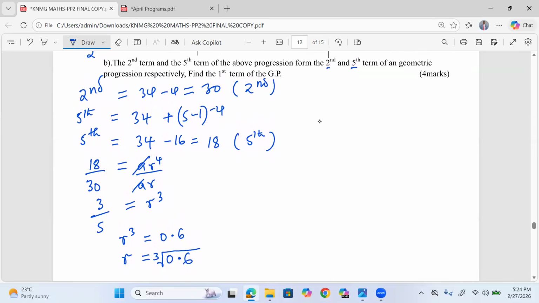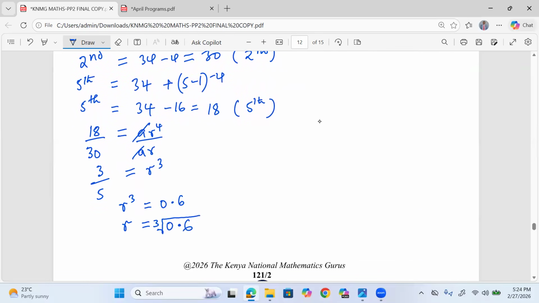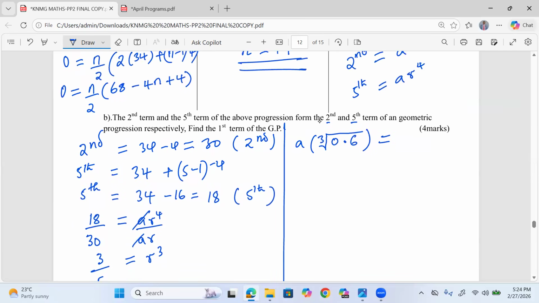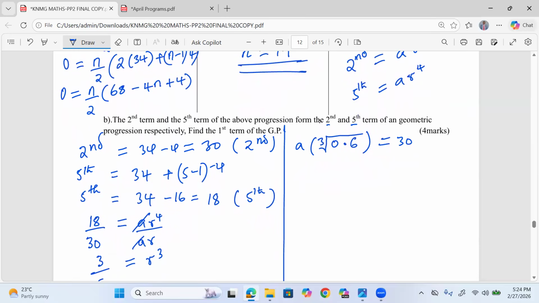So now, if that is the value of R, can we agree that the second term, which is A times R, whose value is the third root of 0.6, equals the second term, which was 30?